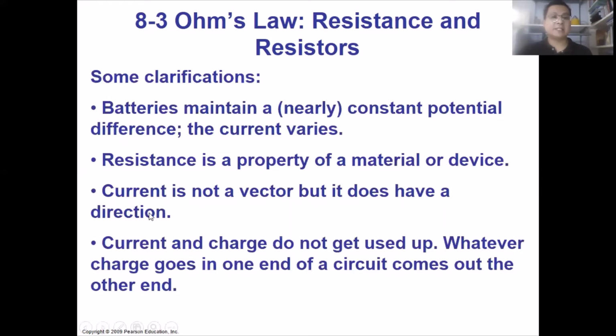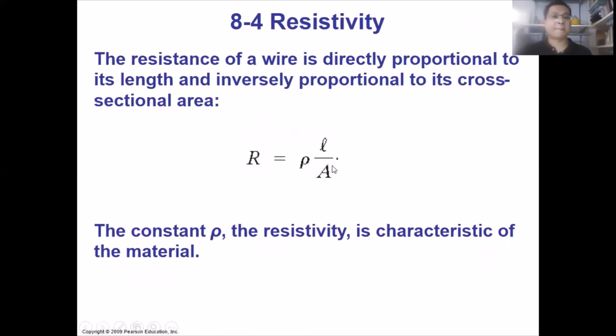Current is not a vector but has a direction. Current and charge do not get used up. Whatever charge goes in one end of the circuit comes out the other end. So actually, current is a closed system.